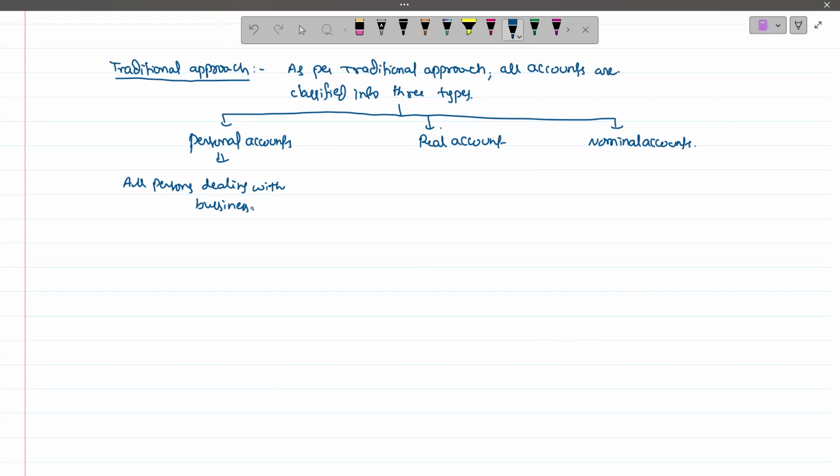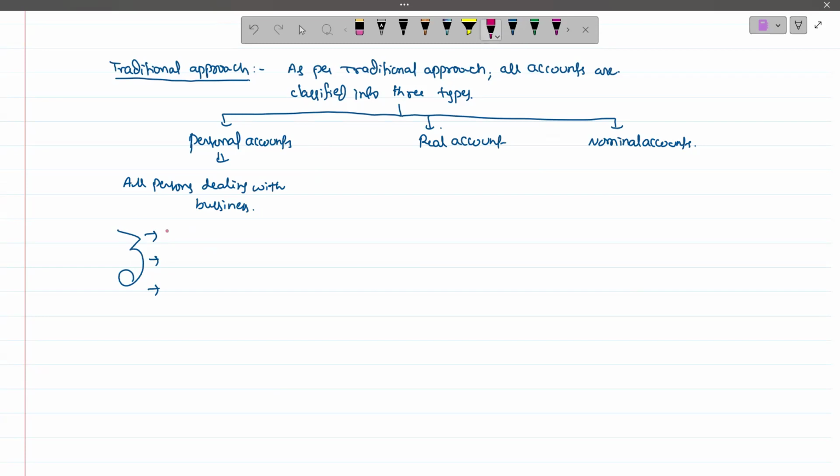That is the owner, the creditor and the debtor, Rama, Sita, A, B, C, and every person who is dealing with the business, in relation to the trading or in relation to the day-to-day operations of the entity. All are covered under personal accounts. And these personal accounts are again classified into three types.